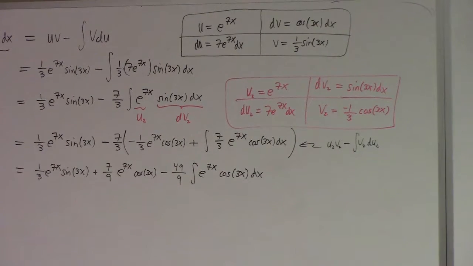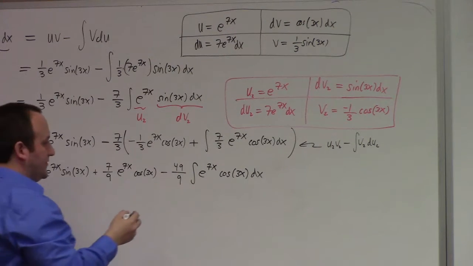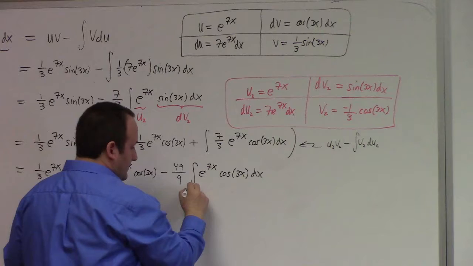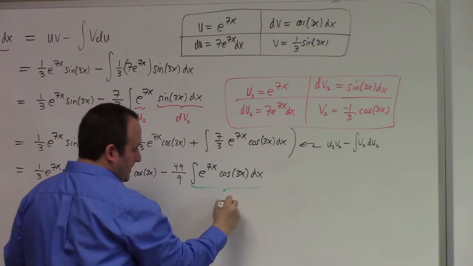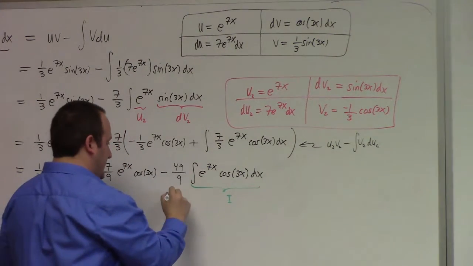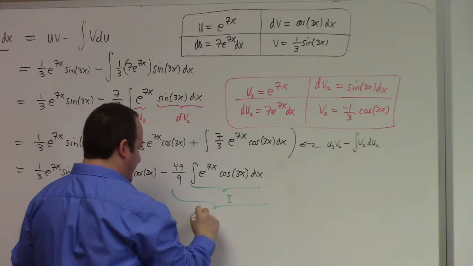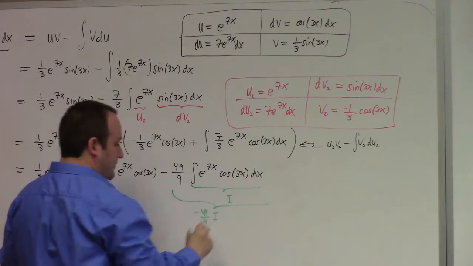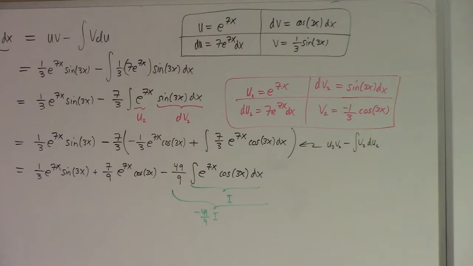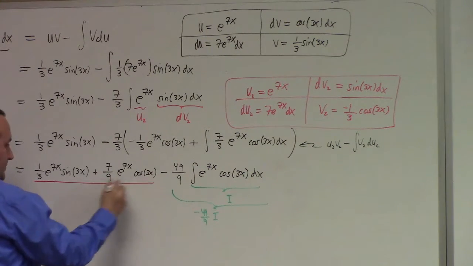At which point, I'm happy, because I'm just about done. You see, if you call this thing I for integral, then what we have over here is the same thing again. This is I. More specifically, if I collect the term in front of it, I've got minus 49 over 9 I. So if you'll allow me a little notation here, let me call this thing Pac-Man.